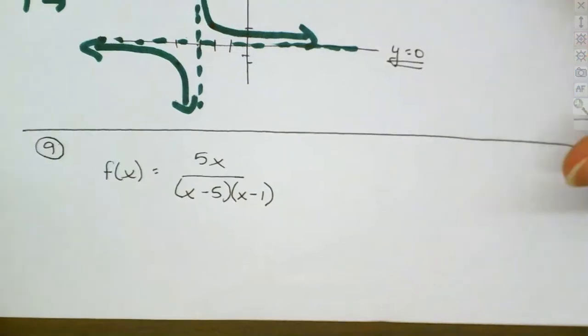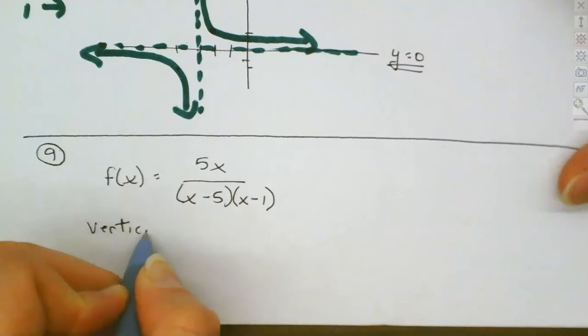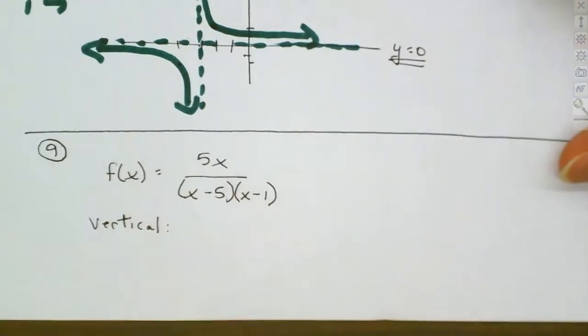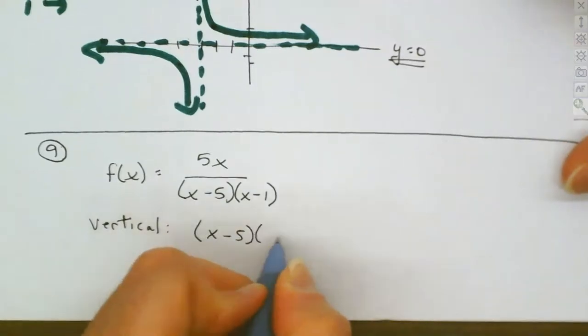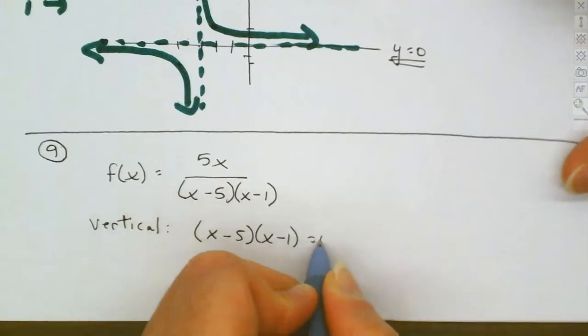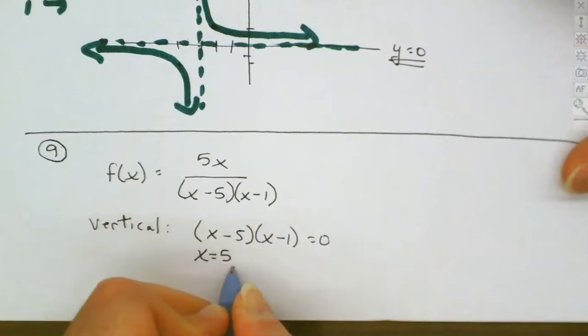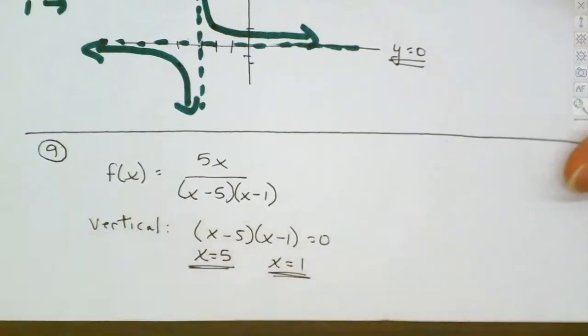So we're going to start off with the vertical. From last time, when we try to find the vertical, we need to set the denominator equal to 0. Now, this has already been factored. That gives me x equals 5 and x equals 1.